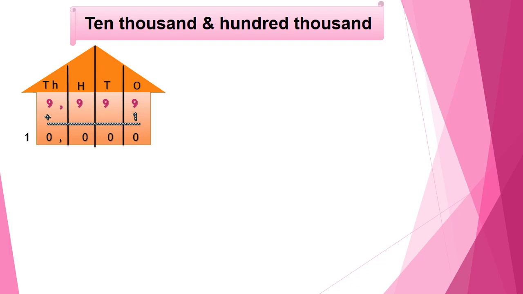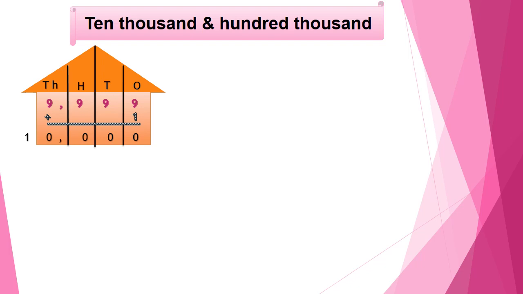And the greatest 4-digit number, as we said before, is 9,999. If we add 1, the result will be 5 digits. How? 9 plus 1 equals 10, put 0 and carry 1.